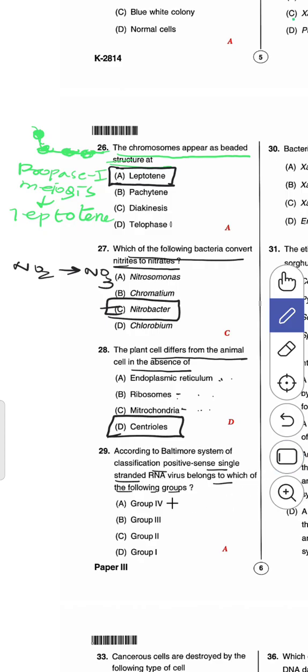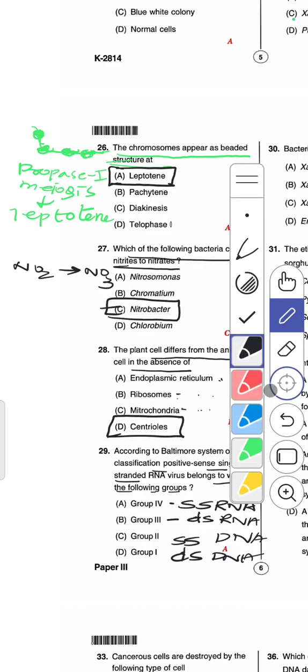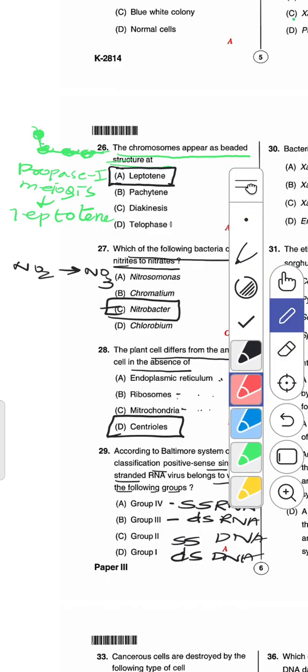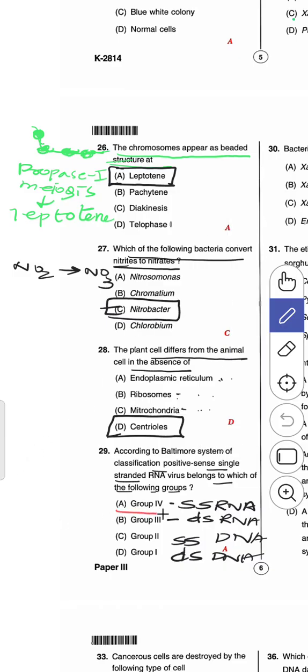So group 4 belongs to single stranded RNA. Group 3 contains double stranded RNA. Group 2 contains single stranded DNA, whereas group 1 is double stranded DNA. So A is the right answer for this question.